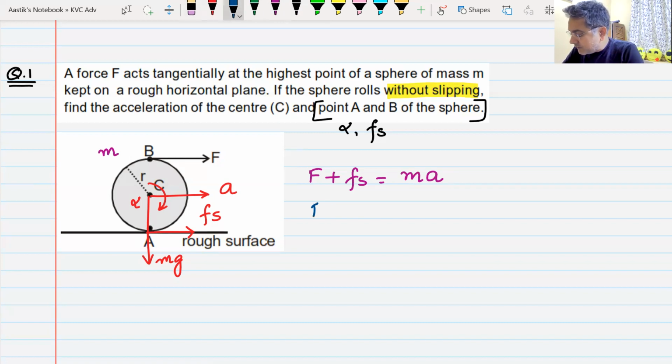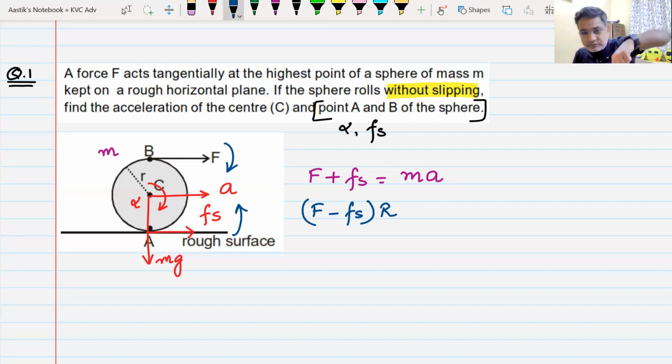(F minus Fs) into R. F is going to create torque like this, Fs is going to create torque like this, but it is rotating like this. So that must be equal to I alpha, 2 by 5 m r square into alpha.